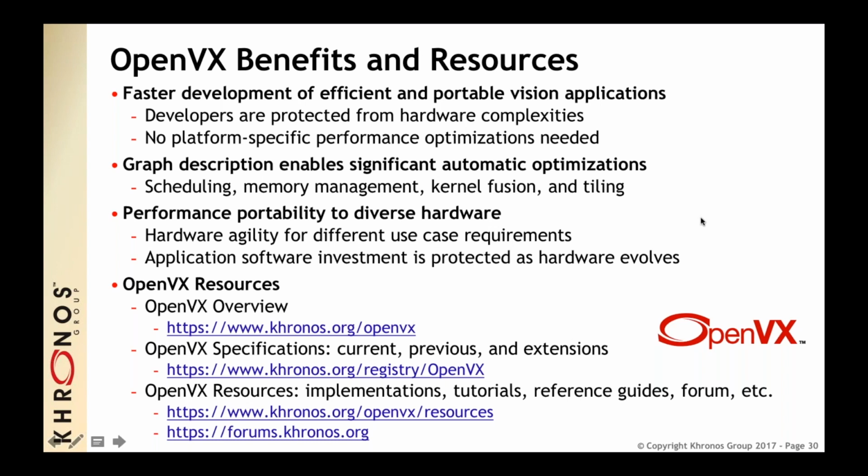I guess one other thing I'd add is that in addition to being source code portable, meaning that you can compile and run the same code on different targets, we have done a pretty good job of being what we call performance portable. It doesn't mean that you always get the same performance no matter what. If you have different hardware with different capabilities, you're going to get different performance.